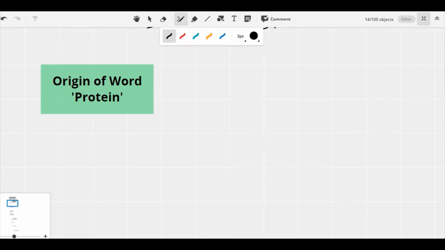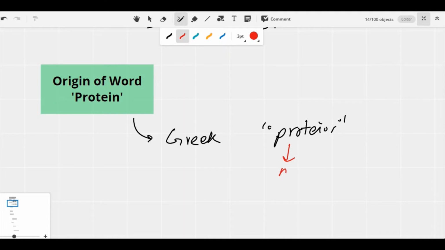Remember that the word protein is derived from the Greek word proteus, and the meaning is holding the first place.